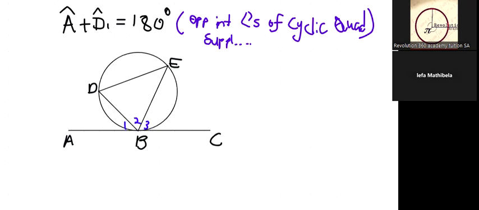ABC is a tangent because a tangent is a straight line that touches the circle at one distinct point. With that being said, it simply means angle B3 is equal to angle D. So that is the tan-chord theorem.